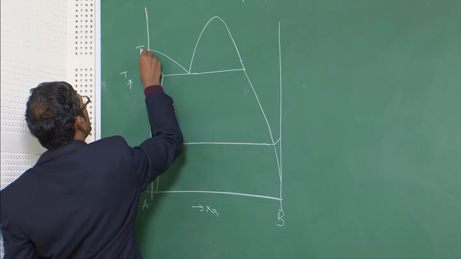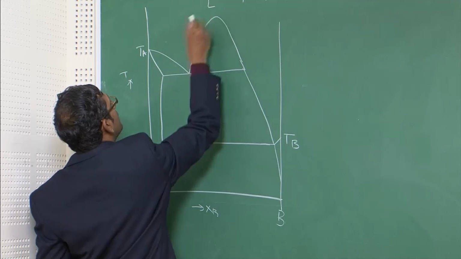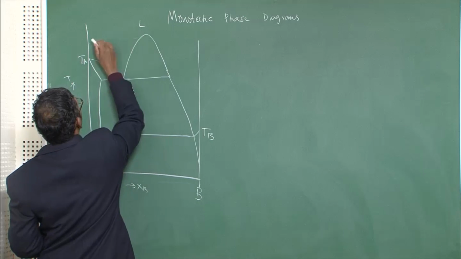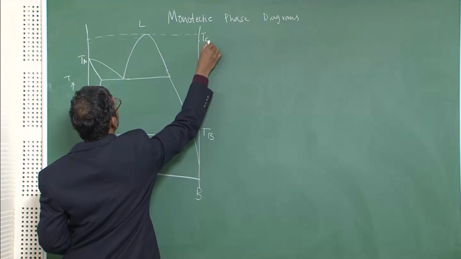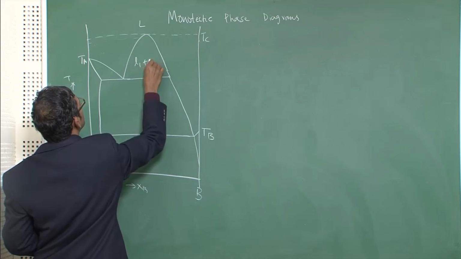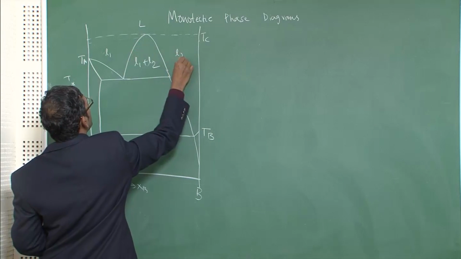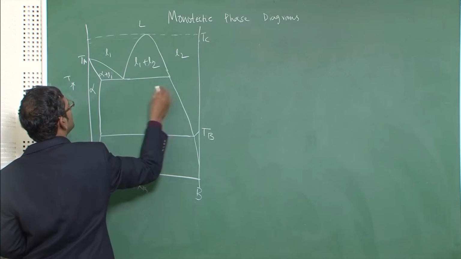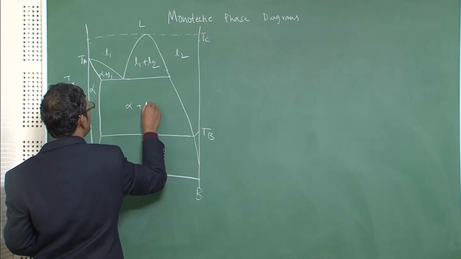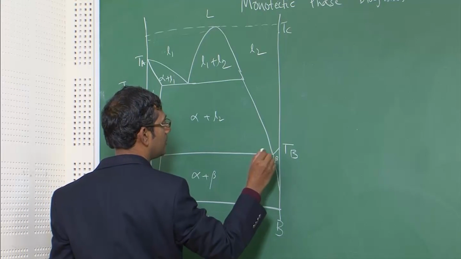This is the melting temperature of pure A, the melting temperature of pure B, the liquid, and this is the Tc, above which a single liquid is present and below which it separates into two liquids, alpha plus L1, alpha plus L2, and alpha plus beta, and this is beta.